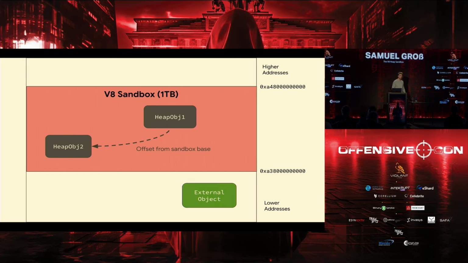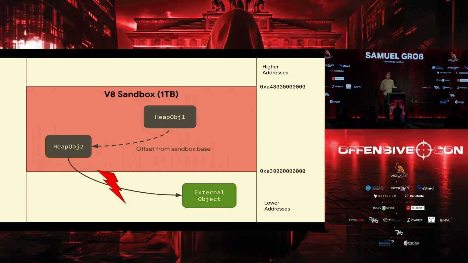It's fairly simple. Of course, we don't just have objects in the sandbox. We also have external things. In your web browser, for example, you have your DOM nodes, your HTML elements, whatever. Those are not V8 objects. They live elsewhere, but they do need to be referenced from V8 objects.